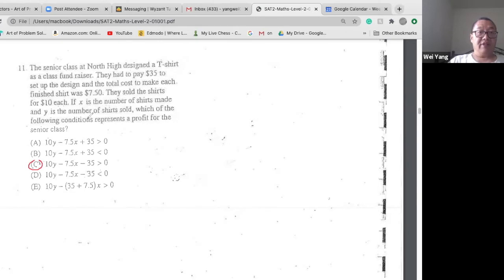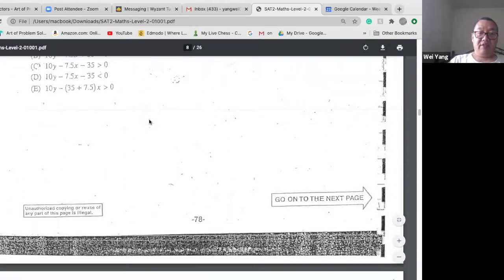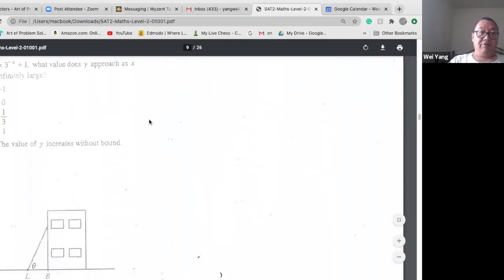If x is the number of shirts made and y is the number of shirts sold, which of the following conditions represents profit for the senior class? Now let's say 10y minus 7.5x minus 35 greater than 0. Yes, you're right.